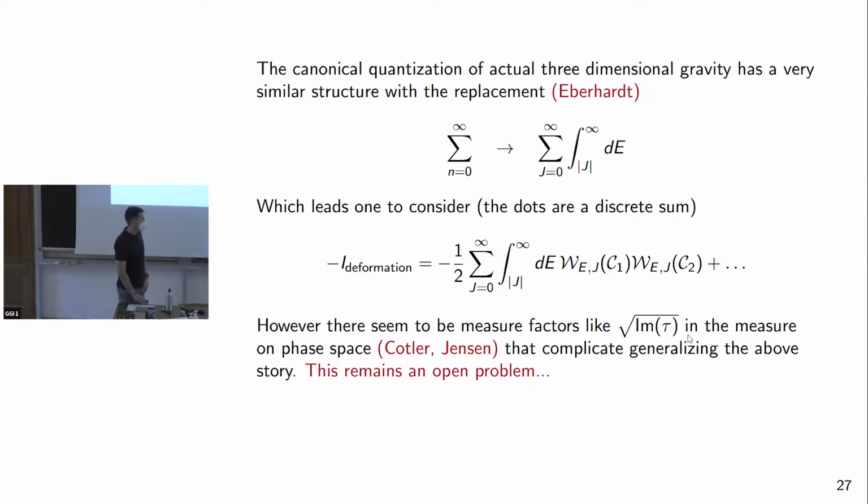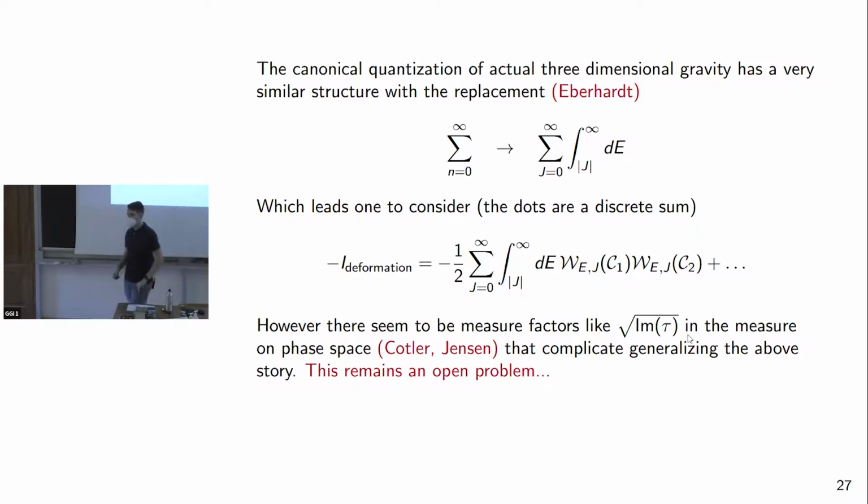So the canonical quantization for the actual 3D gravity is quite similar. I think Cotler and Jensen worked this out in part, and Eberhardt also. And basically, the sum over n gets replaced by a sum over spin and an integral over energies.